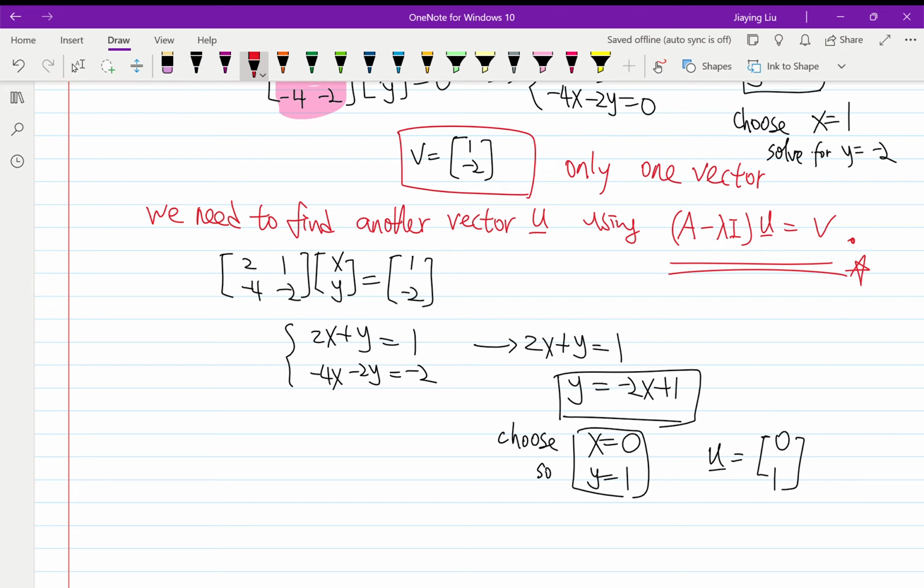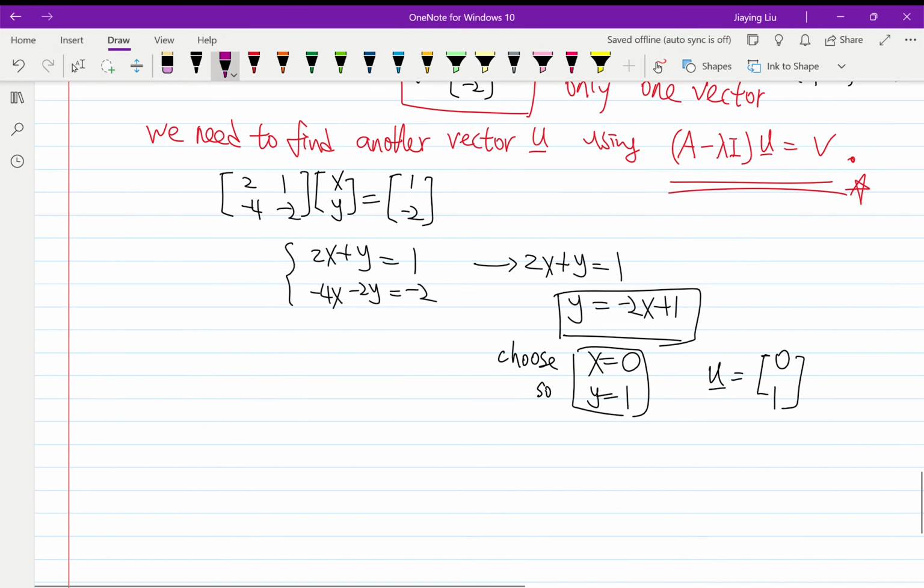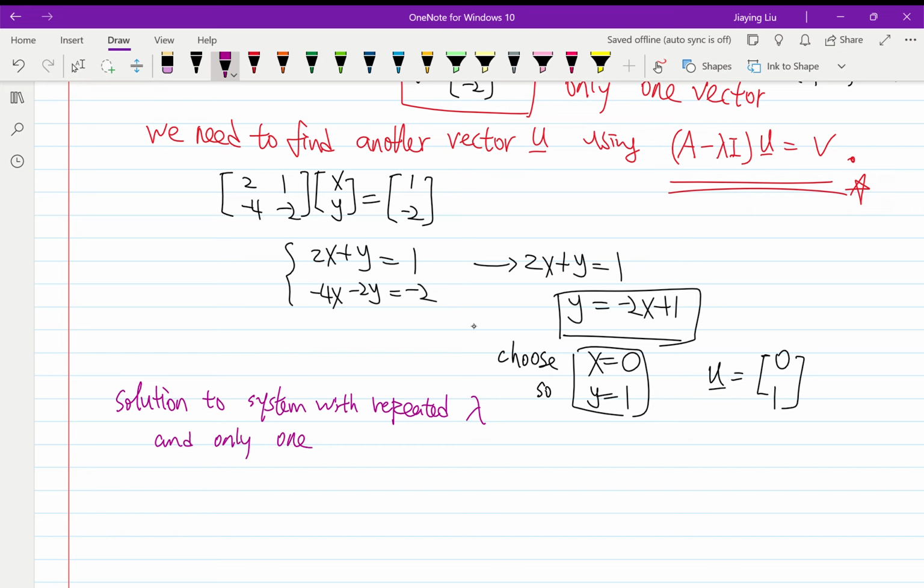So now we have the eigenvector v, then we found this vector u. We can use them to write down the solution. So, the solution to a system with repeated lambda and only one eigenvector corresponding to lambda.